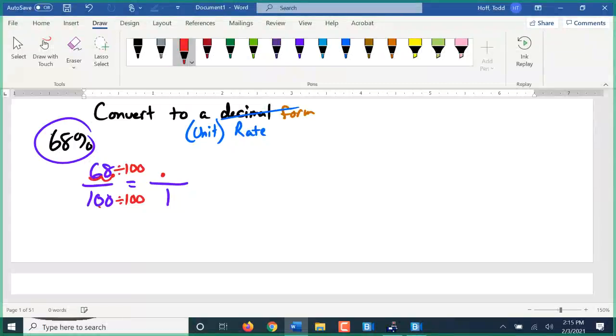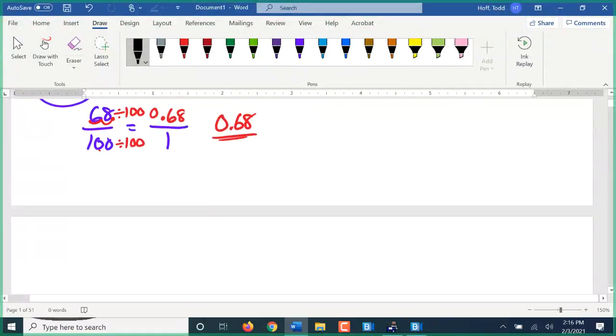That makes it 0.68. That's 0.68 out of 1, or just 0.68, the decimal form, or the rate for that percent. And so when they say convert to a decimal, what they really mean is convert it to a rate. And a rate is going to be in decimal form. It looks like a decimal.